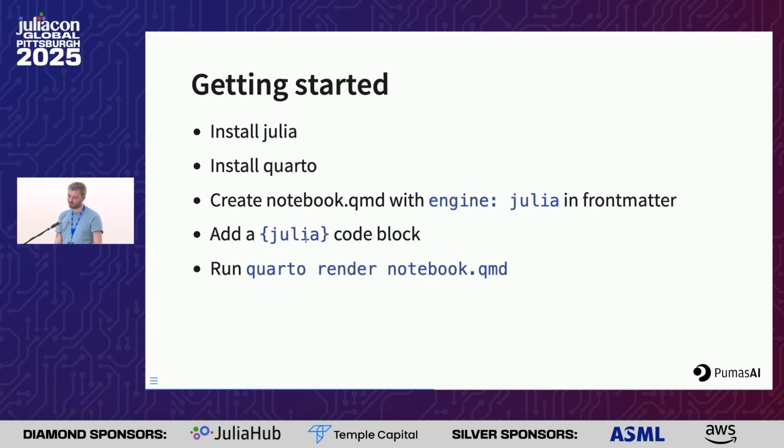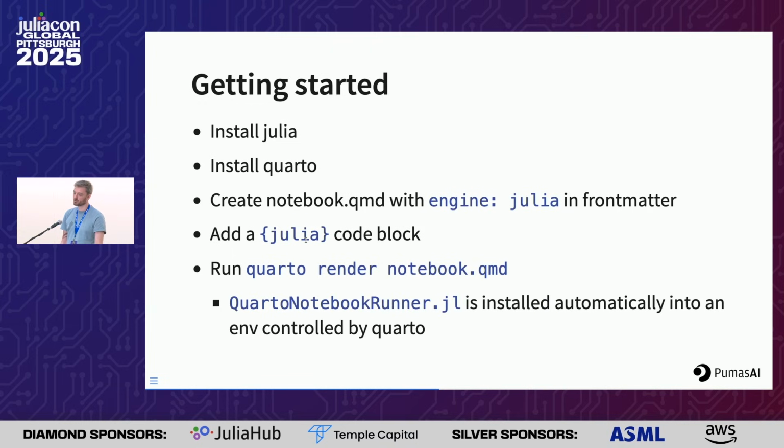And when you then render the notebook, our package, QuartoNotebookRunner.jl, is installed automatically in the background into an env that sits in a local cache directory of Quarto, so it doesn't interact with any other environment on your system. I've basically never seen this fail. Of course, like with any system, it can always fail, but this step of installing it and getting the basic thing to run seems to be very robust, and I'm quite happy about that.